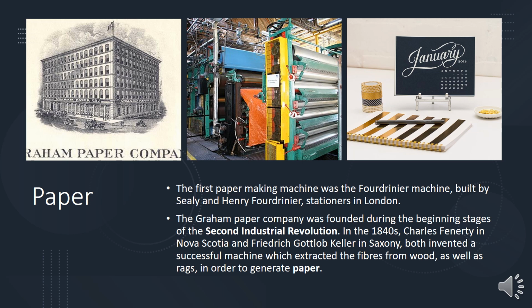So the Graham Paper Company was founded during the beginning stages of the Second Industrial Revolution. So the beginning stages is around maybe late 1860s, early 1870s, wala siya ang latter, the beginning stages of the Industry 2.0 by Charles Finnerty.